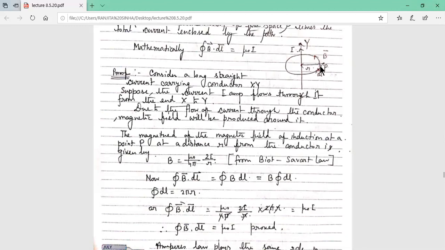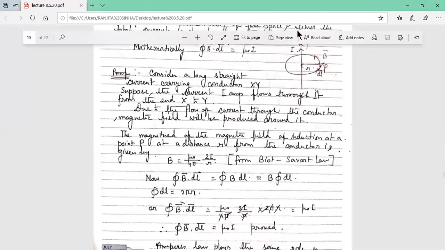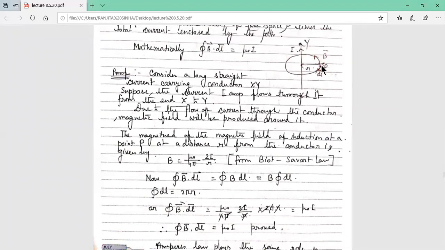Using the Biot-Savart law we can prove this. Here r is the distance of that point from the conductor, and I is the current flowing through the conductor.